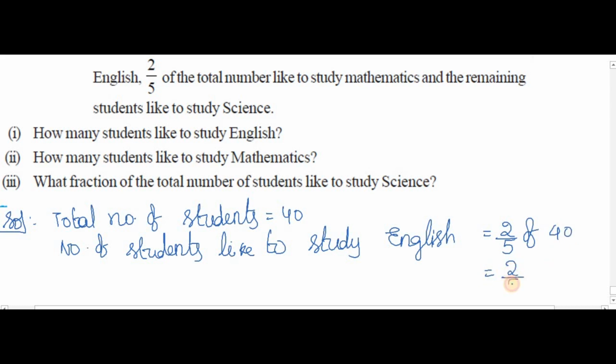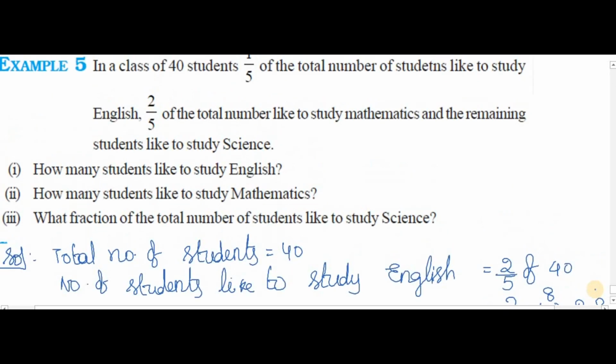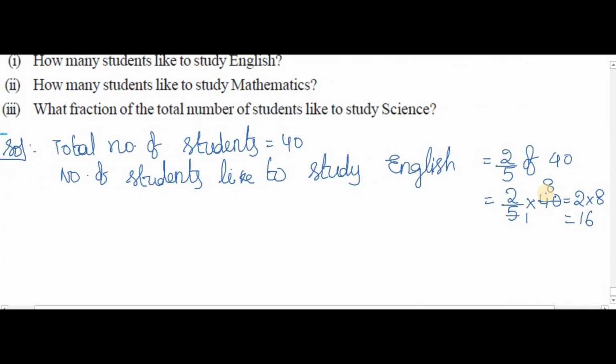So we can change it as 2 by 5 into 40. 5 ones are 5, 5 eights are 40, 2 eights are 16 students like English, and 1/5 only, not 2/5. So only 8 students like to study English.